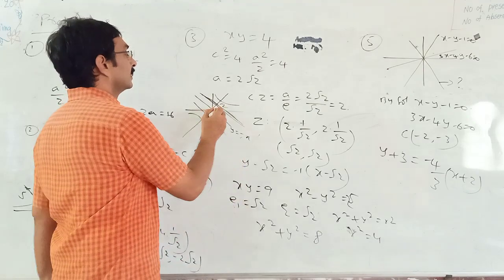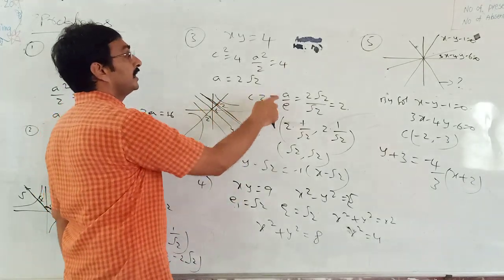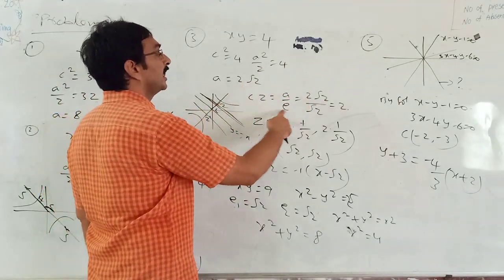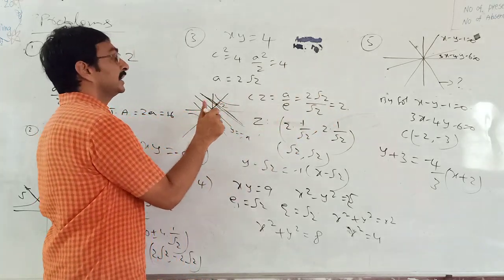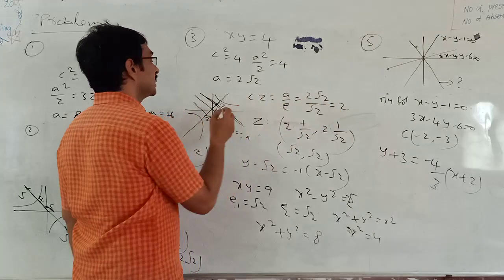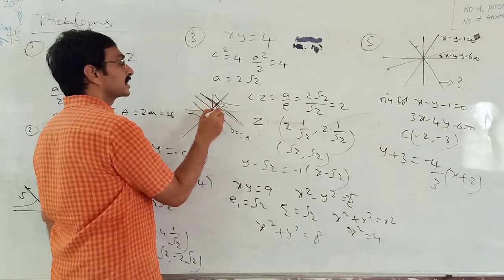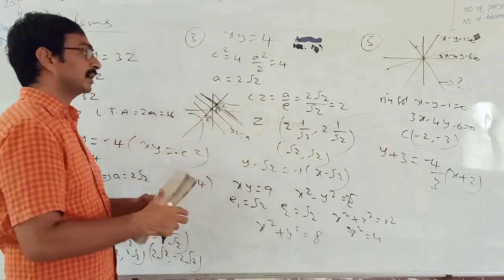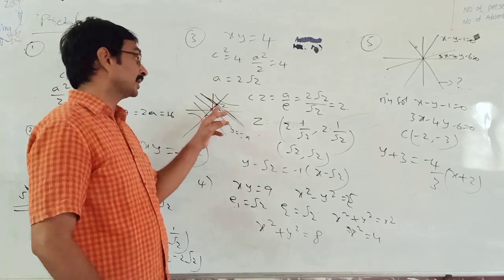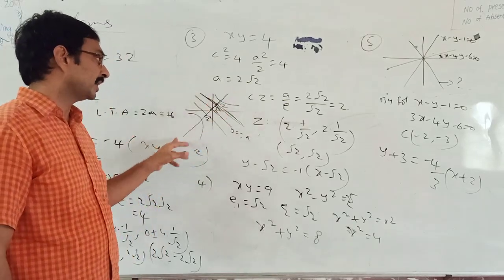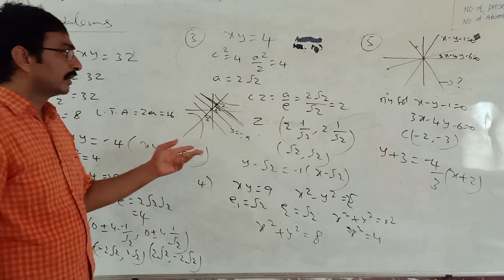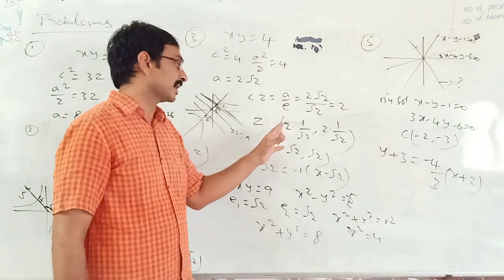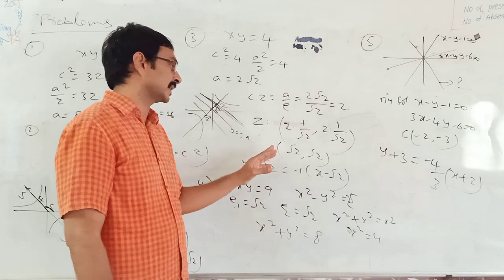So clearly CZ is a by e. A value 2 root 2, e value root 2, so 2. Therefore Z comma Z dash are at a distance of 2 units from the origin in the direction having inclination 45 degrees. This is y equal to x, this is y equal to minus x. Therefore x1 plus or minus r cos theta, y1 plus or minus r sin theta.